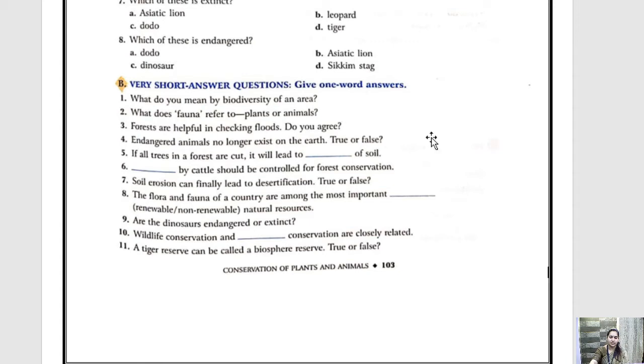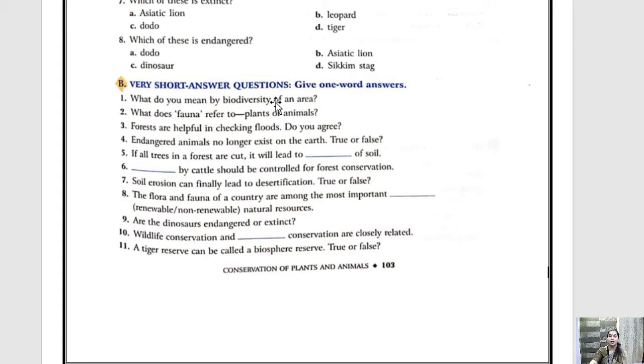Question number 1. What do you mean by biodiversity of an area? So what is biodiversity? Biodiversity includes all the flora and fauna. It includes all the different varieties of flora and fauna in a particular area.